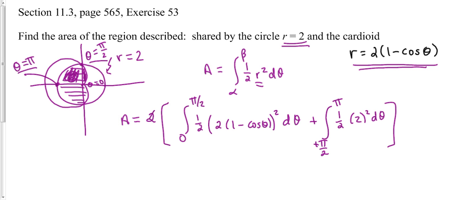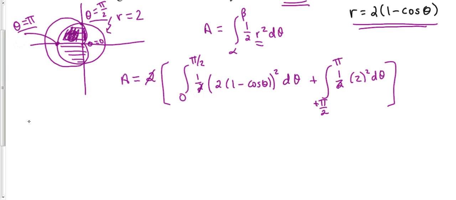I'm going to start by canceling this 2 with the 1/2, and then basically I'm just going to square what I need to square. So I'm going to end up with the area equal to the integral from 0 to pi over 2. I'm going to square this 2 and bring it outside so it's a 4.